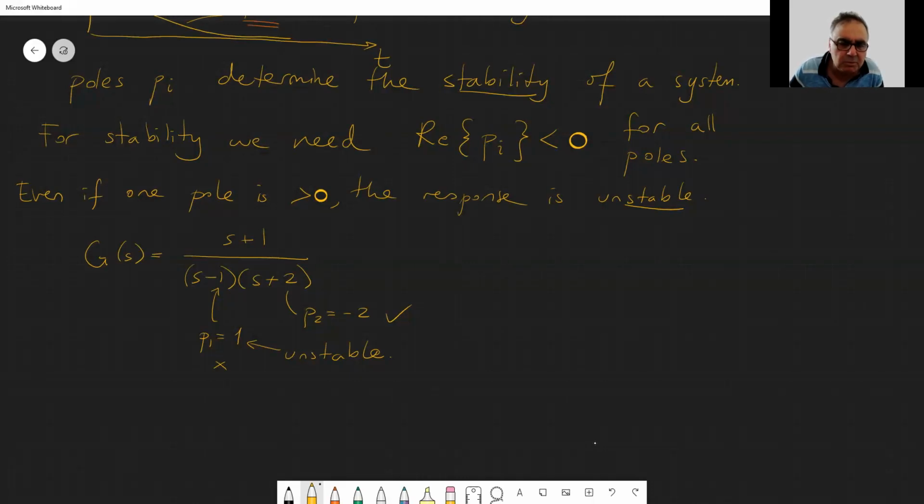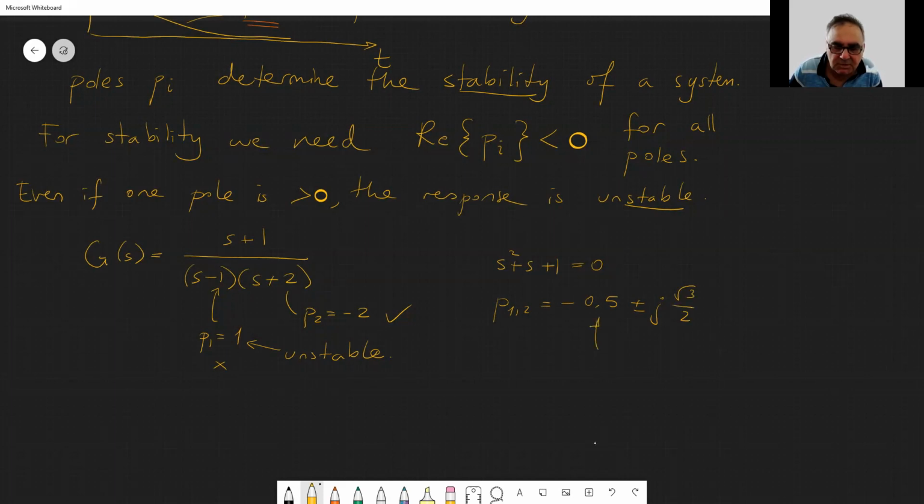You might have poles from, let's say, something like s squared plus s plus 1, which gives you poles at minus 0.5 plus minus j root 3 over 2.